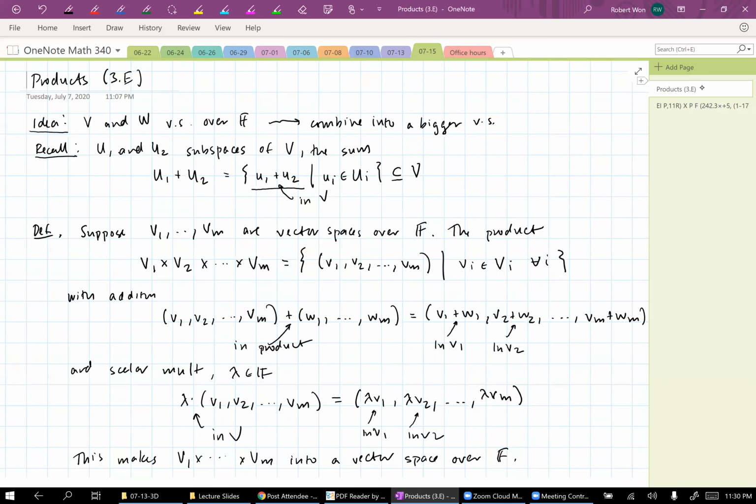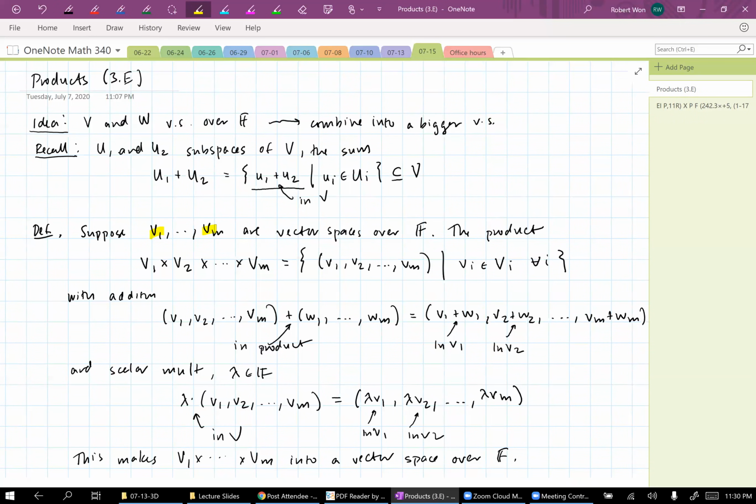And we said that the motivation for this definition is that if you take two unrelated vector spaces, there's no way in general to add something from V1 to something from V2. But what if you chose to take subspaces of a common vector space so that you were also able to take their sum?